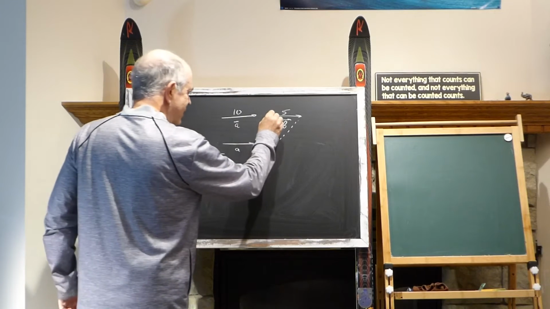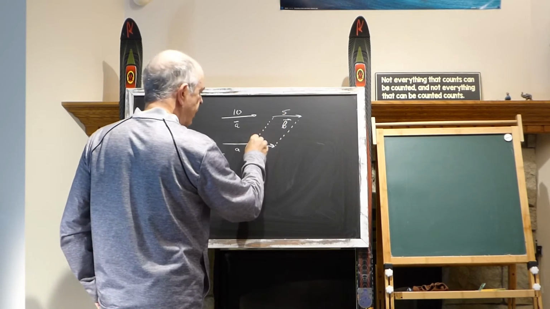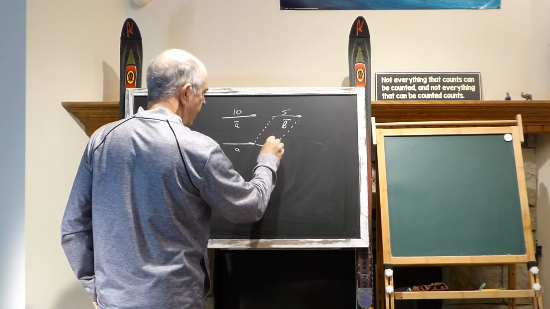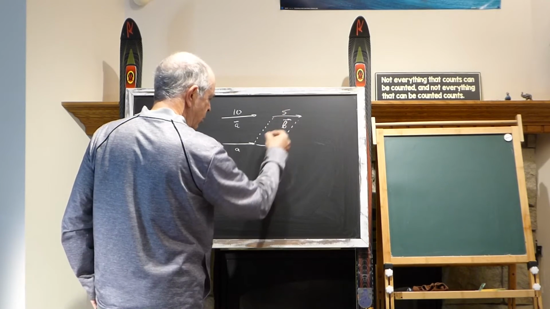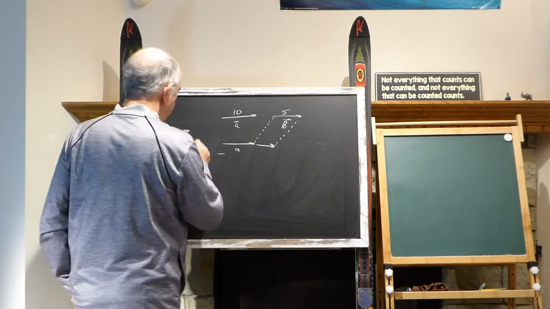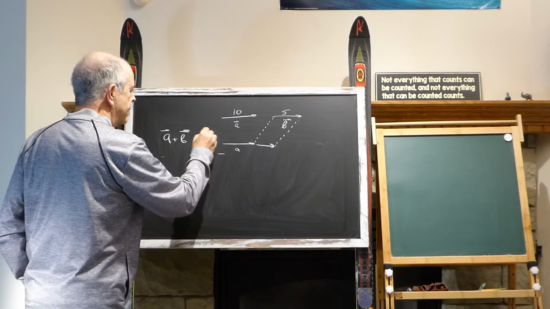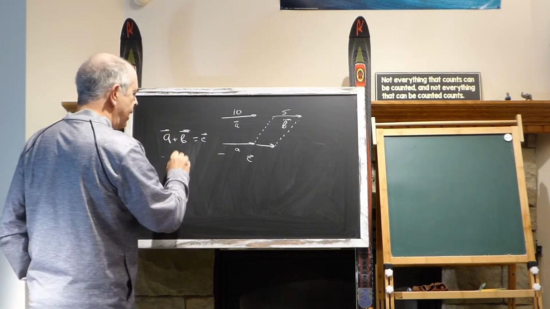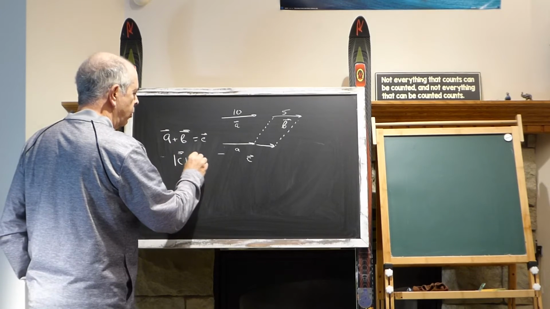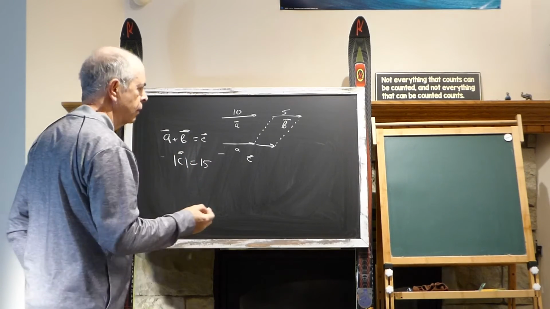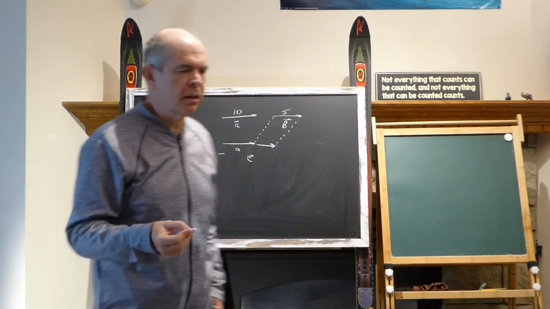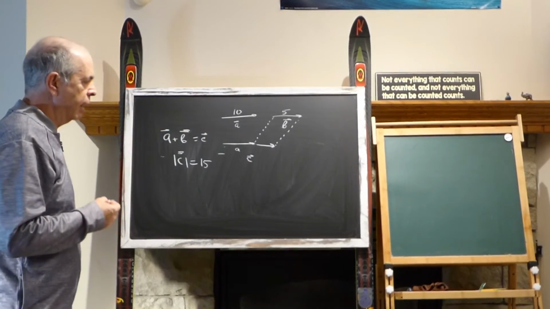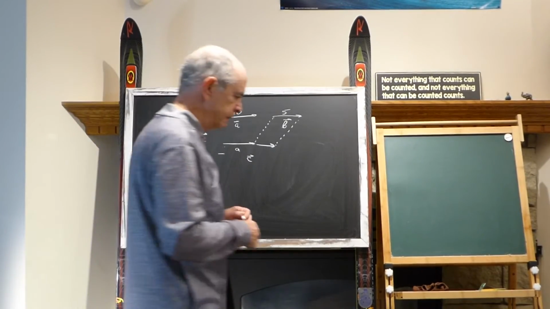So we put the beginning of this vector to the end of this vector and draw it parallel to itself, and it's absolutely obvious that A plus B equals C, and the length of C would be 15. This is very, very similar, simple and obvious and standard.